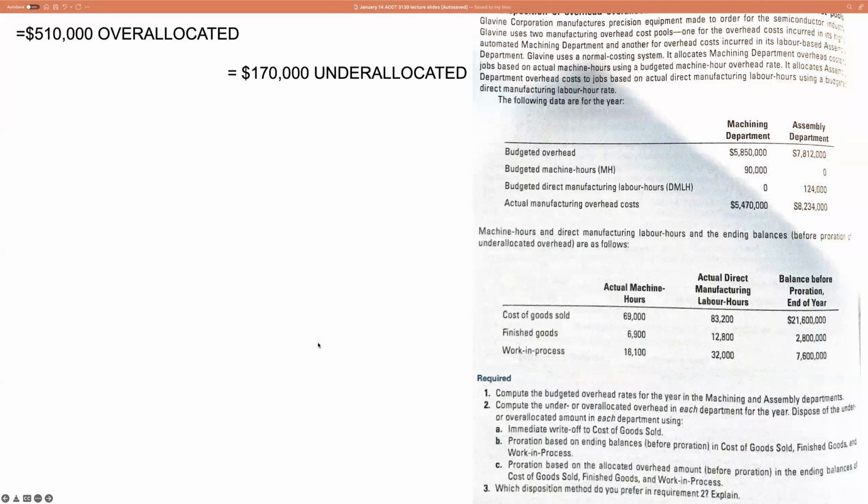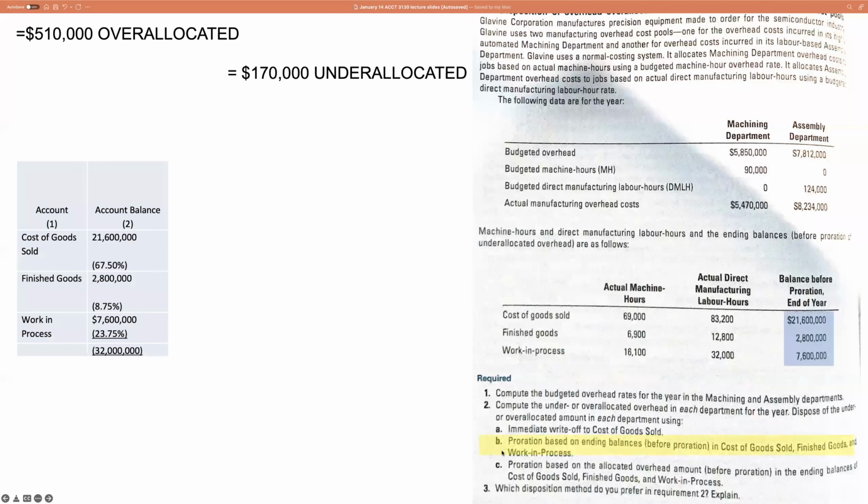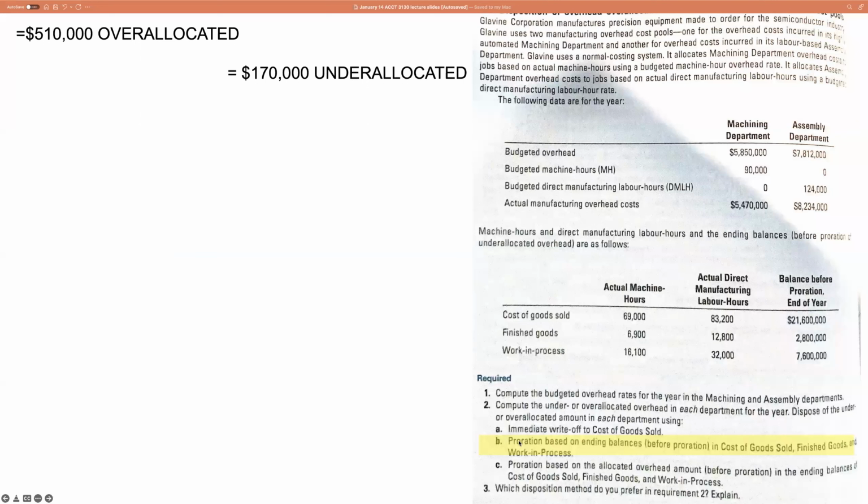Okay, so now let's take a look at the second question, B. Now we are using a different method to deal with this under applied or over applied. Just for your information, we have figured out for machining department, it's 510,000 over applied, and 170,000 under applied for the assembly department.